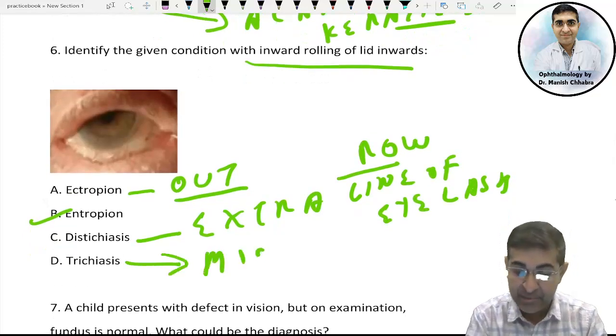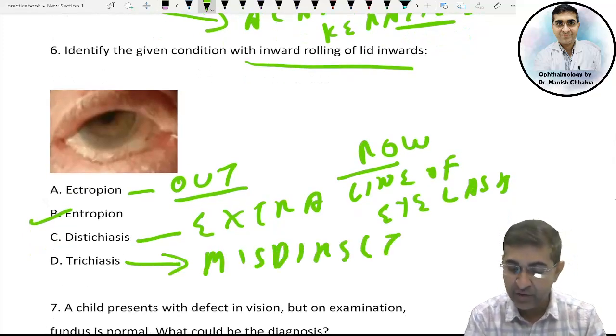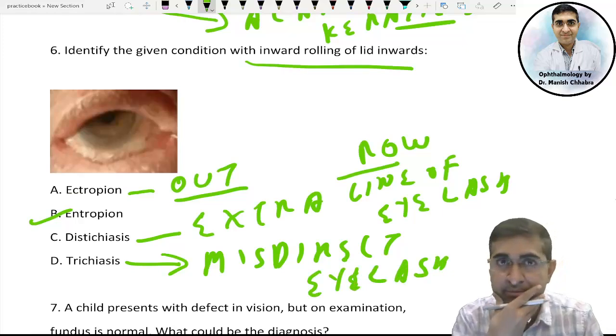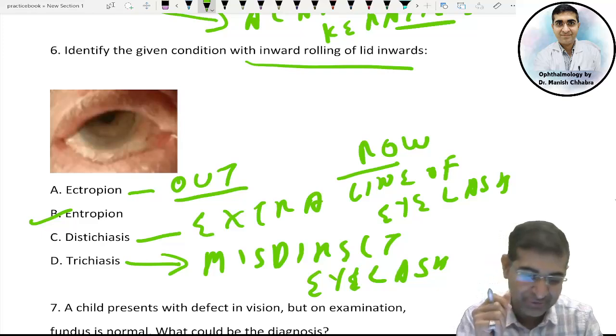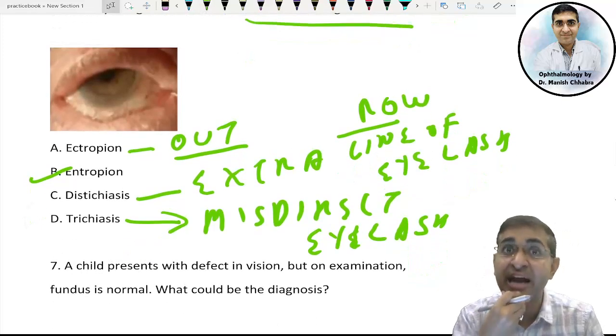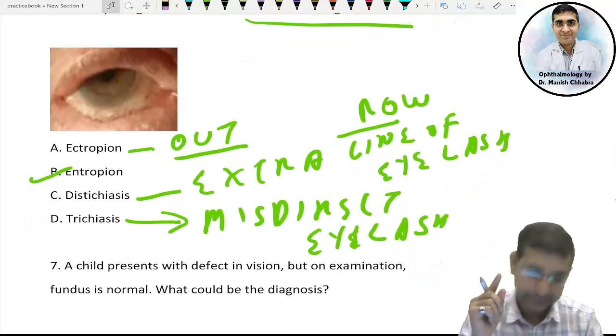Trichiasis is misdirected eyelashes. Where have you read trichiasis? Trachoma. In trachoma, trichiasis is pretty common. Even in trachoma, the other important thing is entropion because of scarring.